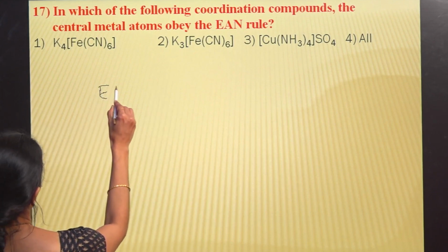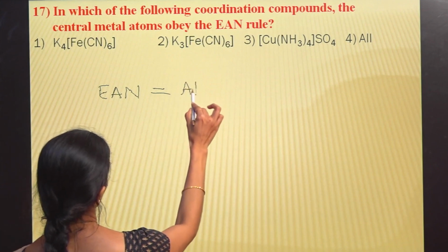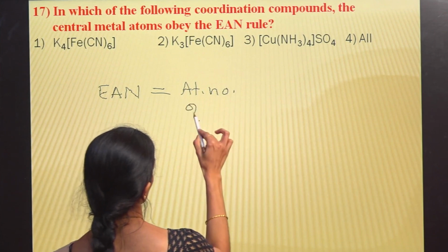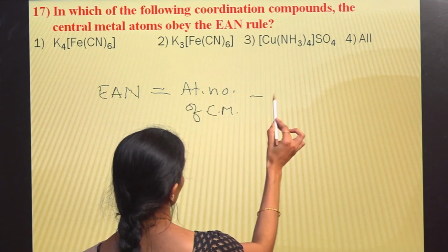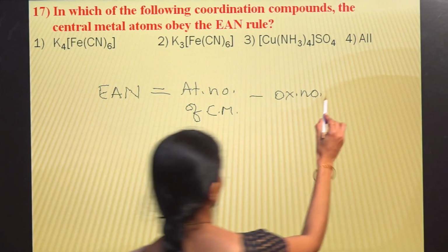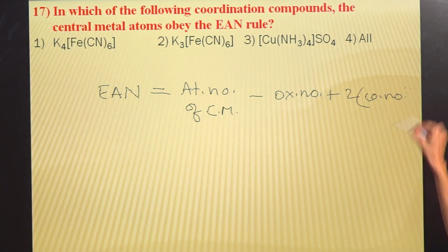What is the formula for EAN actually? EAN formula is atomic number of a central metal minus its oxidation number or oxidation state plus 2 into coordination number of the central metal.